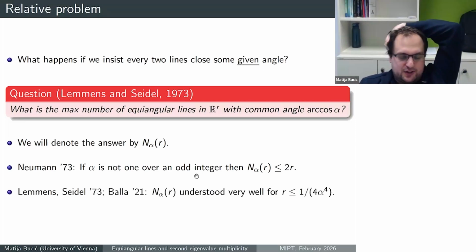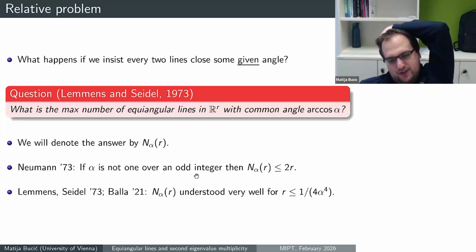So I want to mention a little bit what happens in the low dimensional case, but I'm mostly going to focus on the high dimensional world. But actually, the low dimensional case is very interesting. In the original paper of Lemmens and Seidel, they determined what happens for this function when R is smaller than roughly 1 over alpha squared.